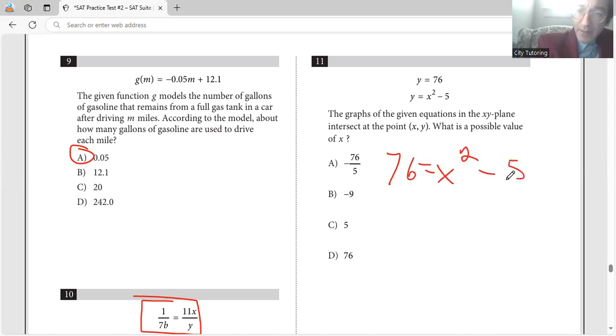So we're going to isolate. If we add 5 on both sides, we get 76 plus 5, which gives me 81. 81 equals x squared, so we have to take the square root, which gives me plus or minus 9. The only choice here that we have is B.